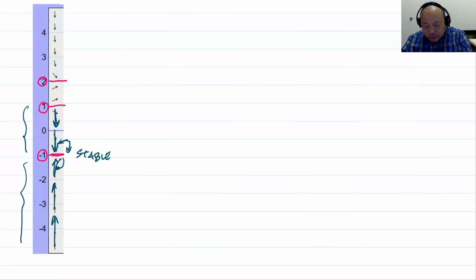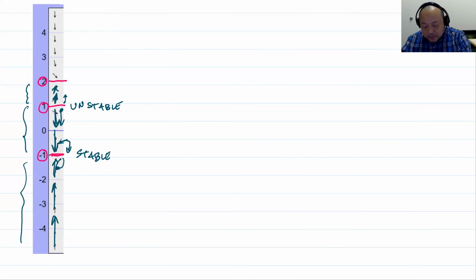But up here at y equals 1, if I'm a little bit below it, I'll get pulled away from it. Same thing up here. All the slopes are going up. If I'm off of y equals 1 by a little bit, I'll get pulled away from it up there as well. And therefore, I know this equilibrium is unstable. What about at 2?